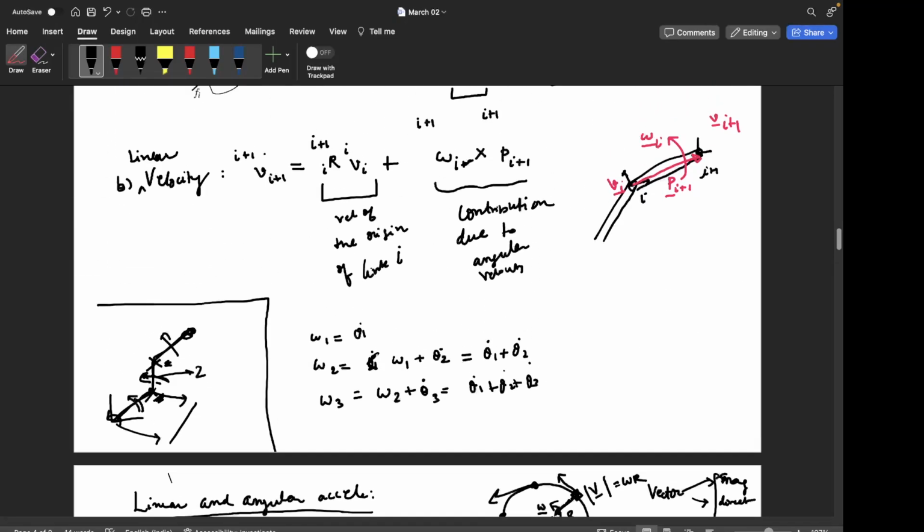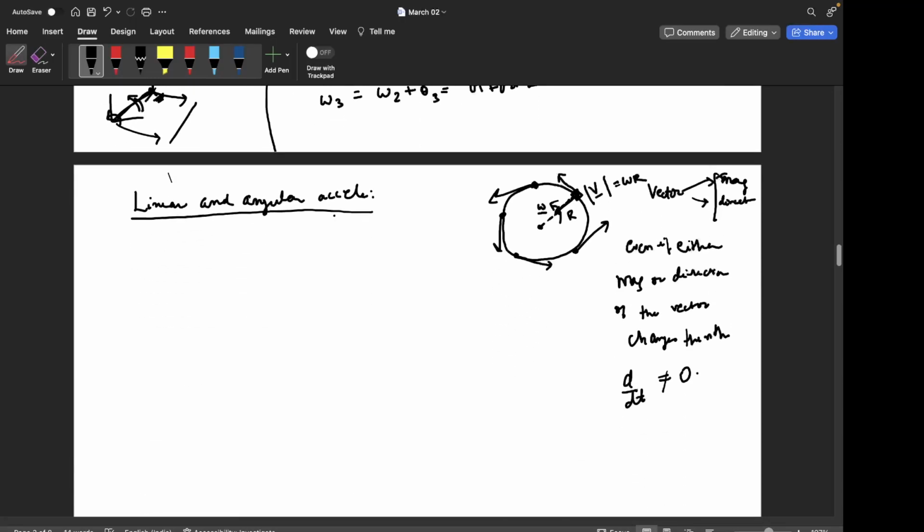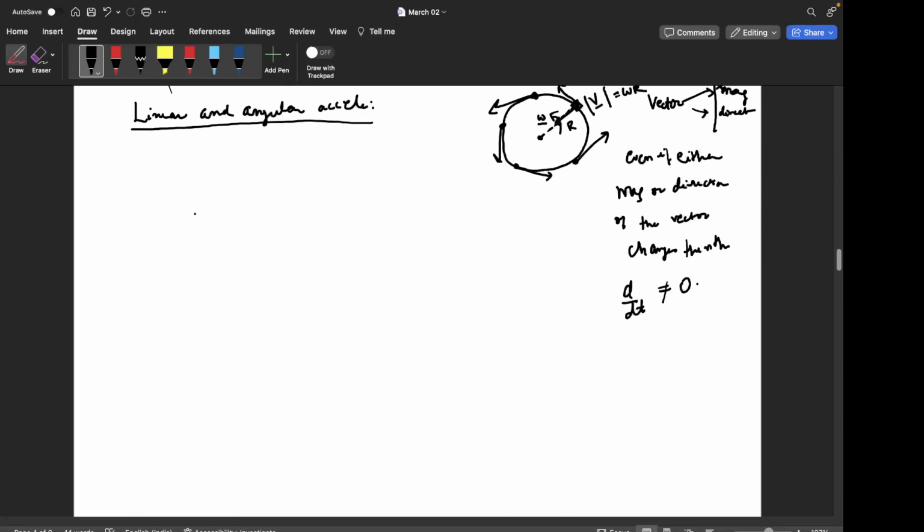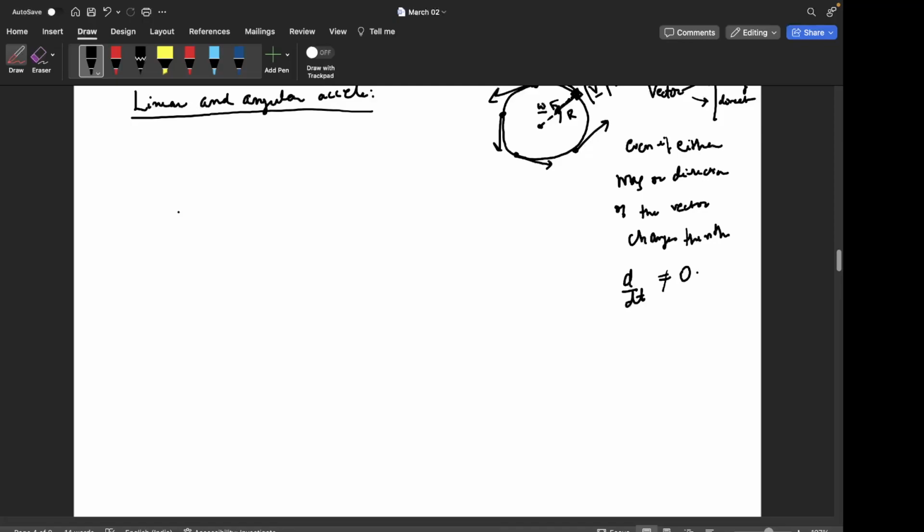I will use a simpler notation than this. I will just use frame independent notation, because writing all these indices everywhere makes things a bit clumsy. So I will write frame independent equations, and they are very easy to comprehend in that form.